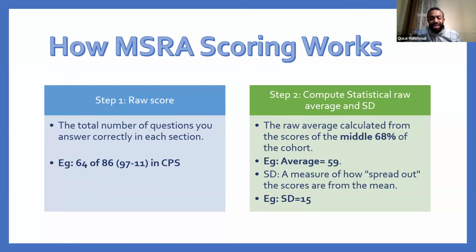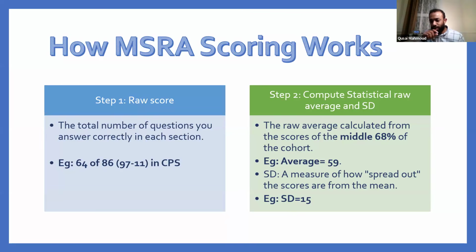Using the computer, they calculate the whole cohort, maybe 15,000 applicants. They calculate their raw average and their raw standard deviation. So do they use the whole cohort to calculate the average? The answer is no. They use the middle 68%.